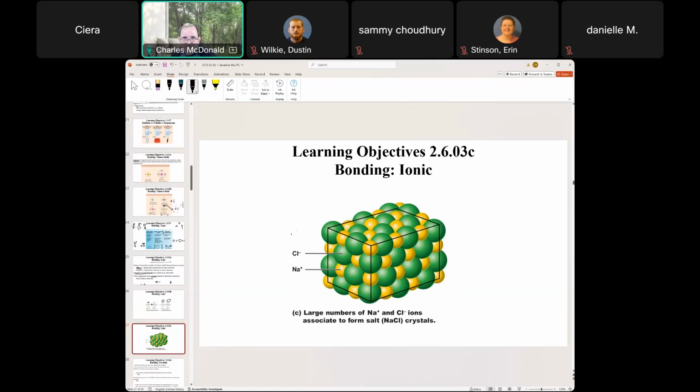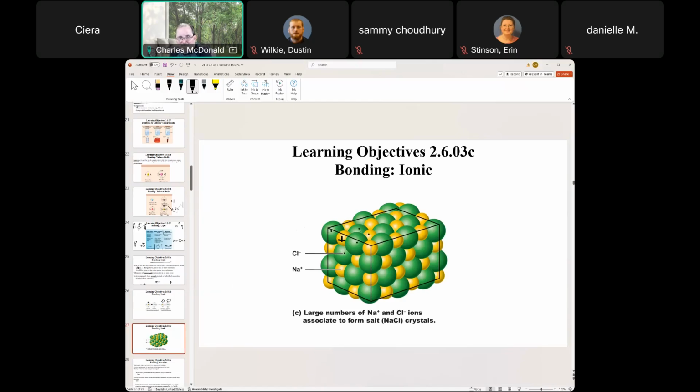Here's what the salt crystal looks like. So the big green ones are chlorine, and the small yellow ones are sodium. Because these guys are charged, this guy's got a plus charge, so all of these chlorines are going to want to be around it.